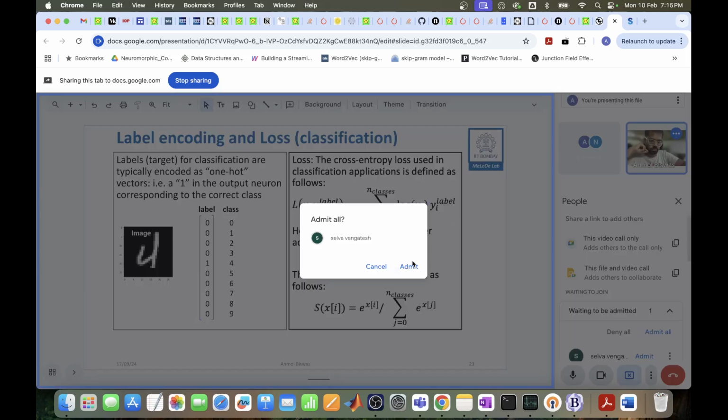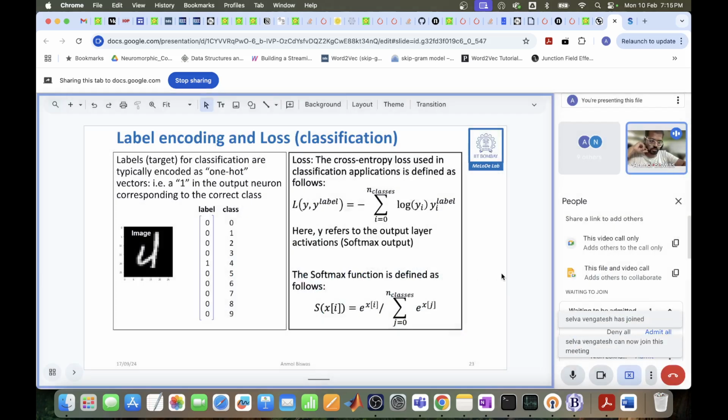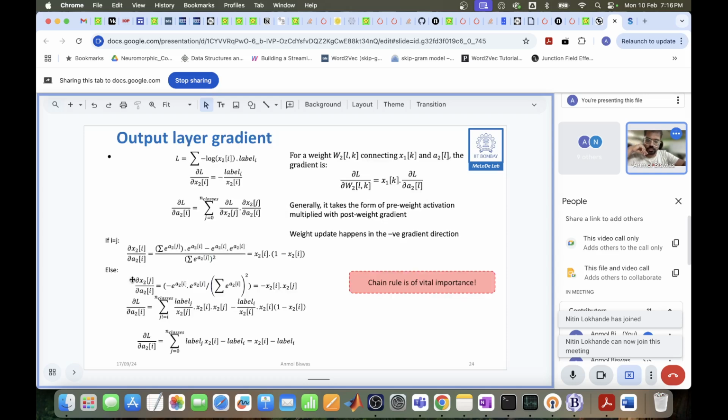Because this softmax function is normalized, it is dependent on the pre-activations at all positions rather than just that specific position, right?